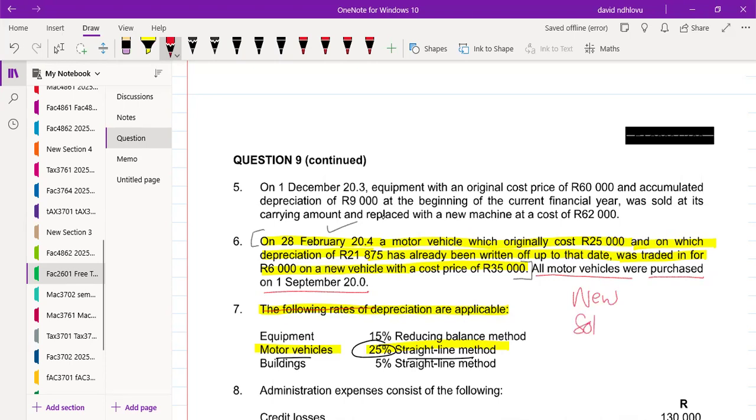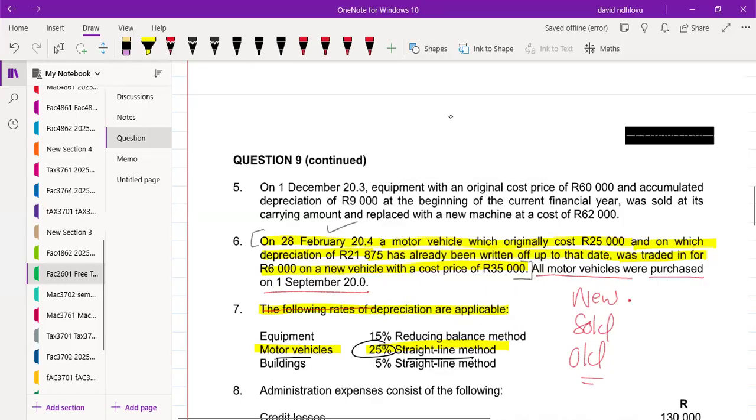There is the one that we sold, the one that we traded in, and then there is the old, which is the remaining motor vehicles. First, you must recognize that you have got three classes of vehicles here: the new, old, and the sold. Then on the new vehicle, what is important is to remember when it was acquired.